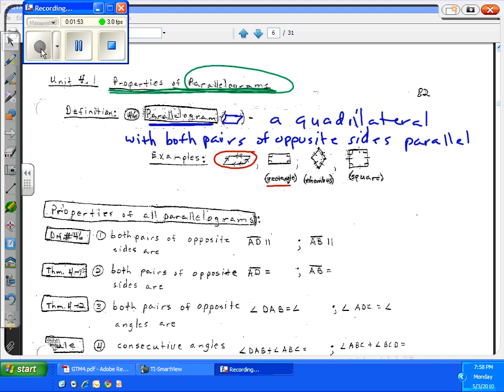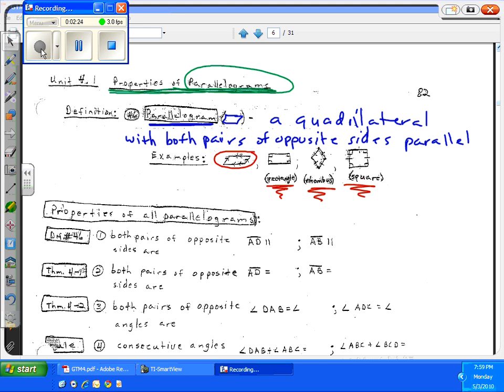There's three special types of parallelograms: a rectangle, which by definition is a quadrilateral with four right angles; a rhombus, which by definition is a quadrilateral with four equal sides; and a square, which by definition is a quadrilateral with four equal sides and four right angles. It would be a regular, if you recall that term, both equilateral and equiangular, a regular quadrilateral.